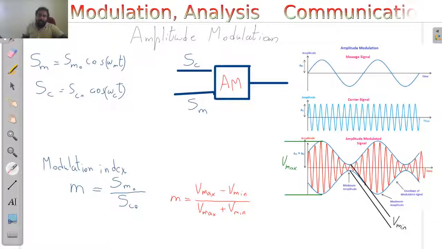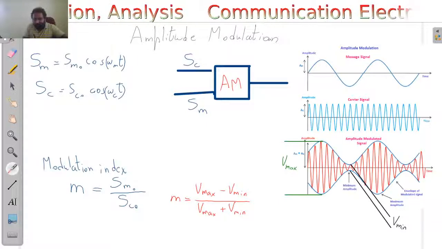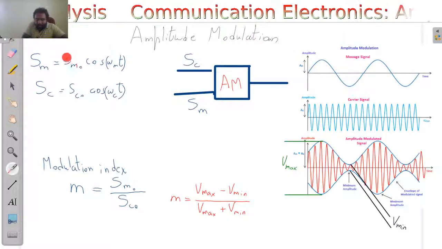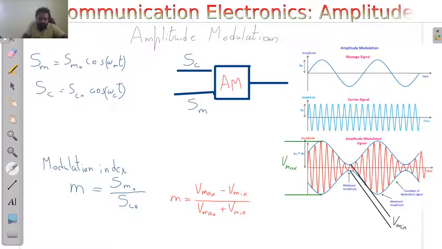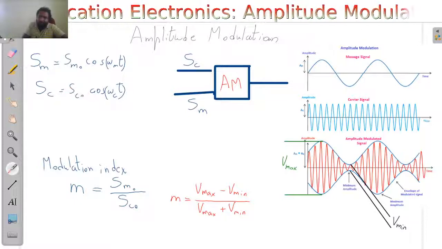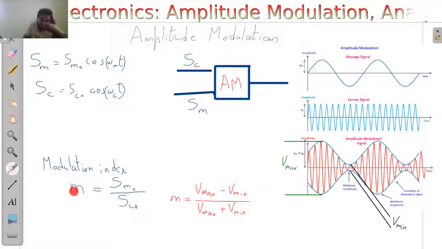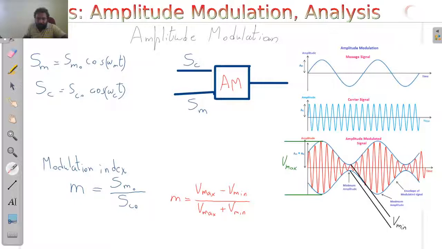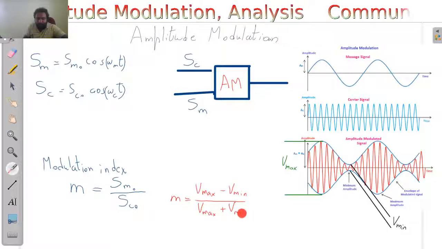And you can define a number called modulation index, which is the ratio of SM0, the peak amplitude of your message signal, to the peak amplitude of your carrier signal. That ratio is called modulation index, represented by small m. In the case of amplitude modulation, we can have an equation like this also, that is Vmax minus Vmin divided by Vmax plus Vmin.